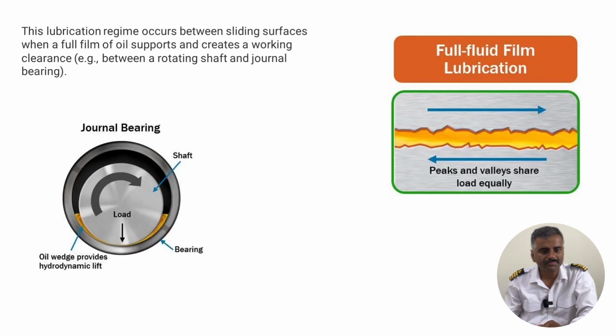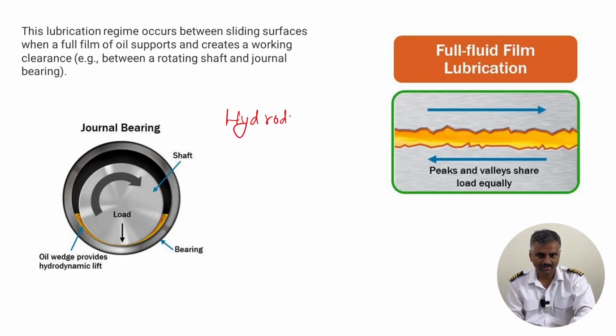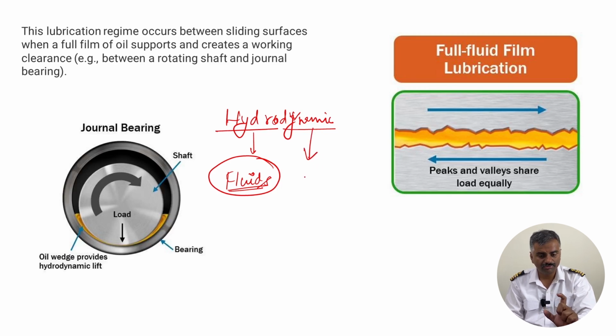And the final one is the full fluid film lubrication. We also know this lubrication as hydrodynamic lubrication. Why hydrodynamic? As the word goes, hydro refers to fluid, hydraulics, and dynamic means where the fluid is moving.